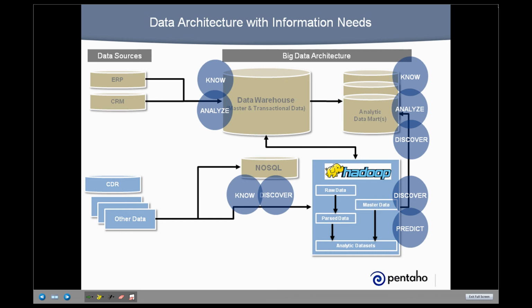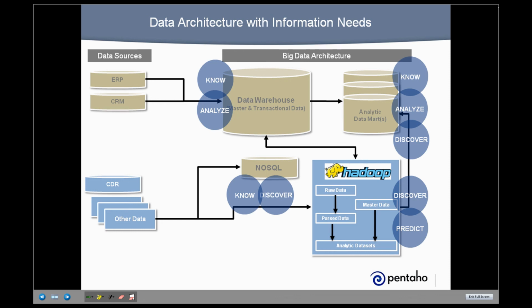If you look at Hadoop, that's where you see a lot of discovery and prediction. Again, analytics is for now still not part of it, mainly due to some of the limiting factors you have with Hadoop. There are certain developments like Impala that probably will allow some analytics to eventually get into Hadoop.